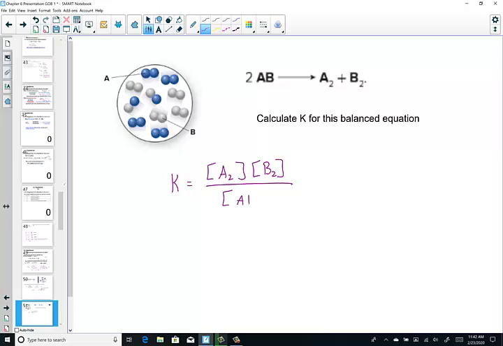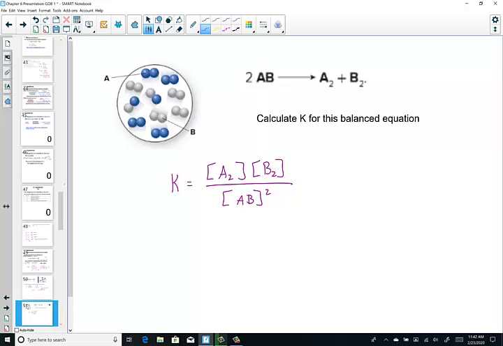Did you notice that this was the reverse reaction? So that when we look at the decomposition, the reverse reaction, these are now the products, so they're on top of the ratio. And these are now the reactants, so they're on the bottom of the ratio. So I rewrote my equilibrium expression, reminding myself that it's products over reactants.